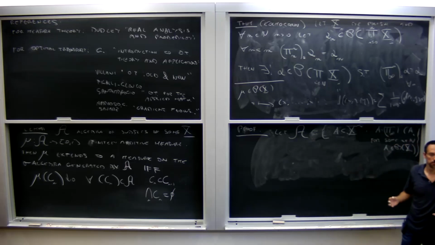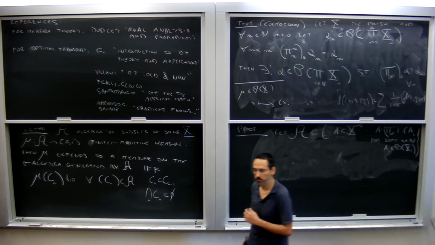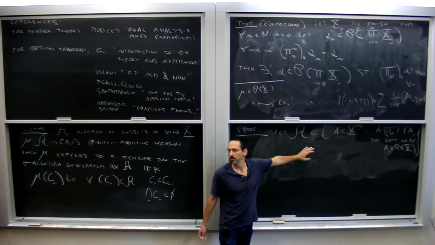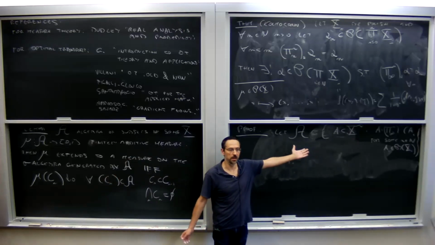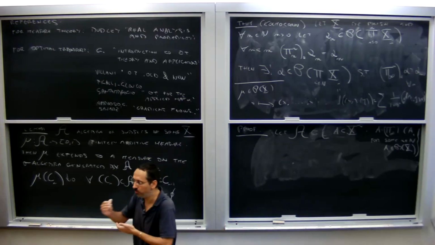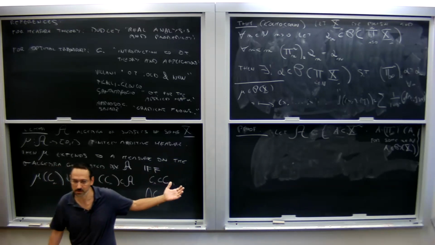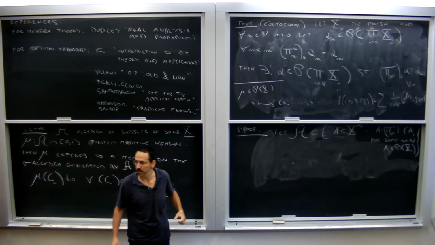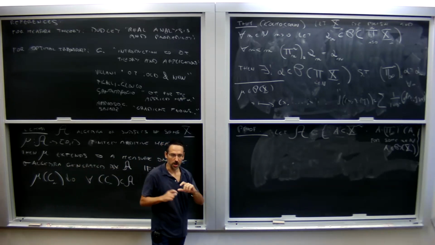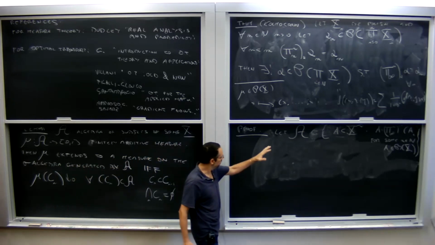These are called the cylinders, for more or less obvious reasons. Now these clearly form an algebra. The complement is there, and as far as you only take a finite number of operations, you do not exit the range of cylinders. Of course, if you take a countable intersection, then you might be in trouble. You can be not anymore a cylinder. But this is an algebra.